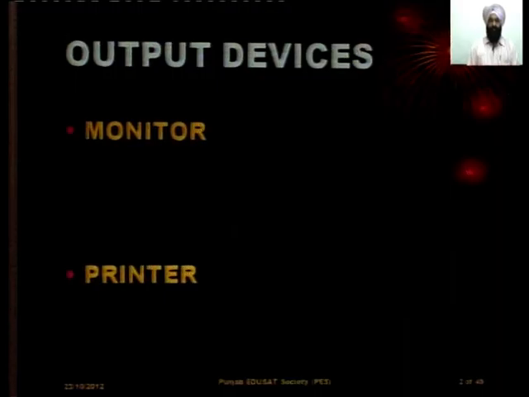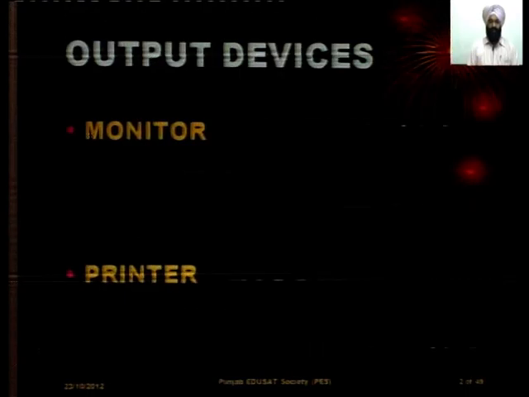So, what is a printer? Printer is basically an output device. There are many output devices, but two output devices are mostly used. One is a monitor, which is nowadays a part of the computer system, the screen on which we see the output, the data processing.